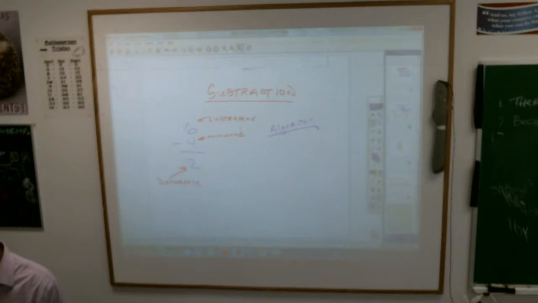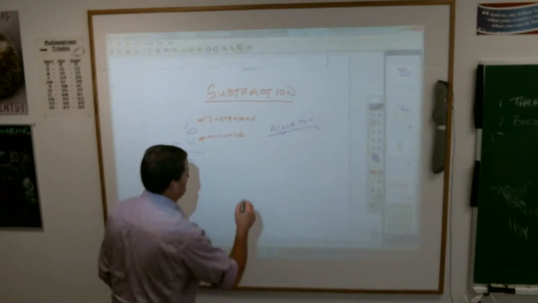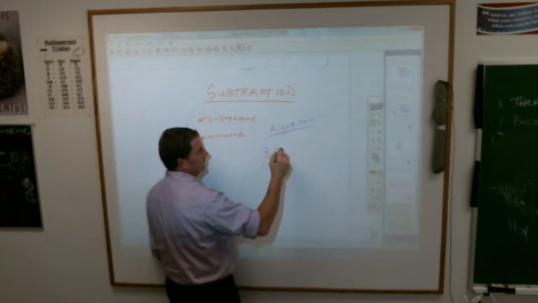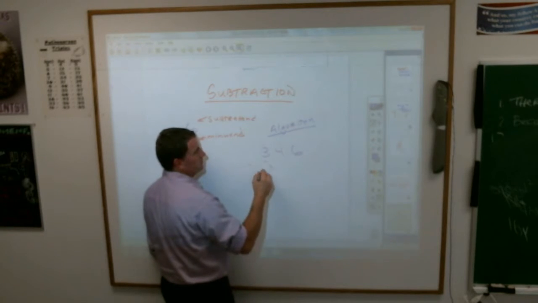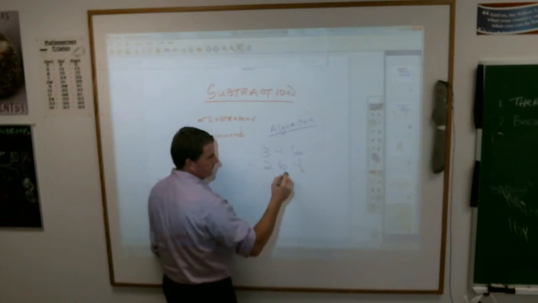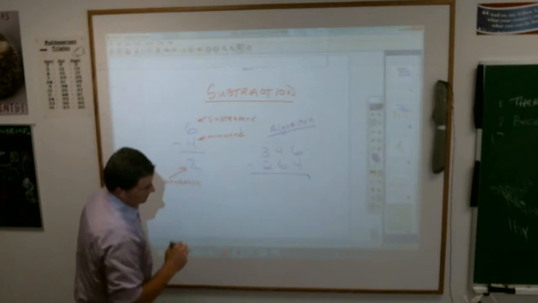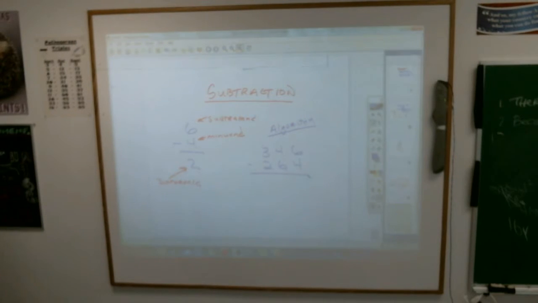If you're given this problem here, and I can tell you I've seen 5th graders that have done these wrong and they've kind of learned some bad habits over the day. Let's just look at this problem here. 346 minus 264.